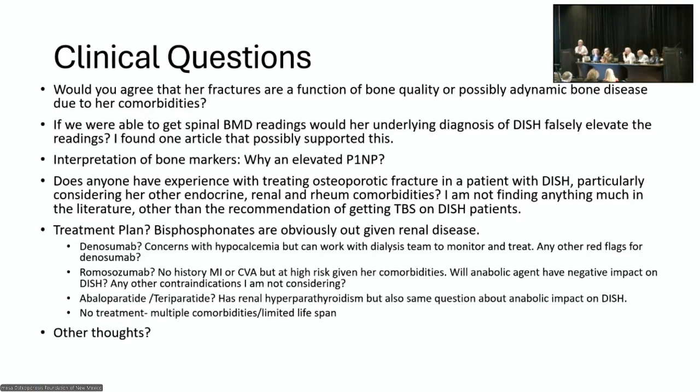So if you used a PTH analog, what would you follow it up with? If you used a PTH analog in someone on dialysis, what would you follow it up with? Would you use a bisphosphonate or would you use denosumab or would you just not? Yeah, I tend to use very low dose risedronate, 35 milligrams every other week, twice a month. And that's based on two observations.